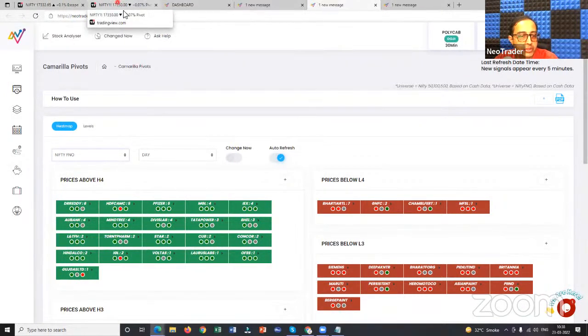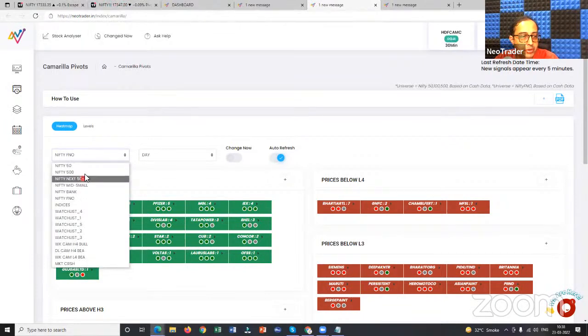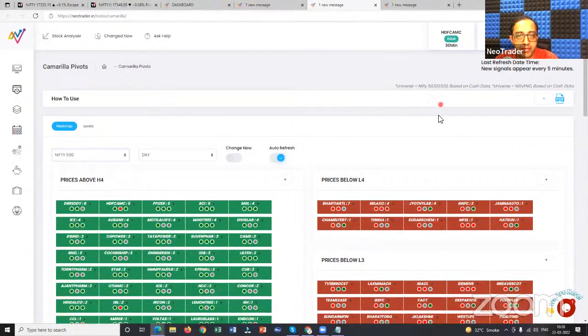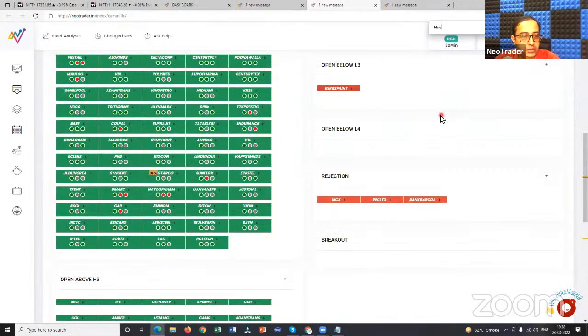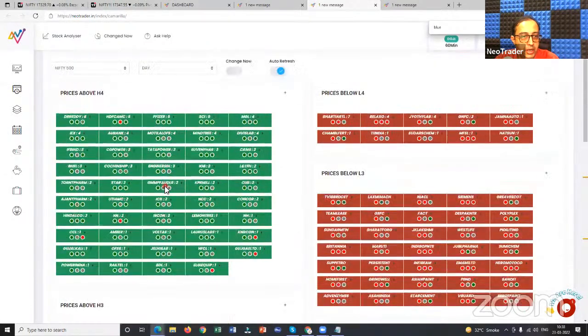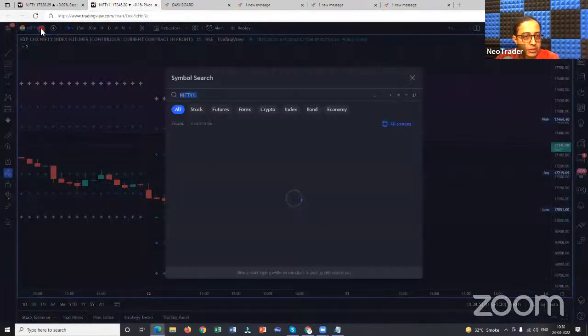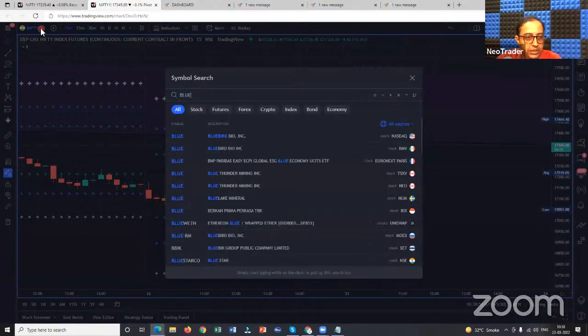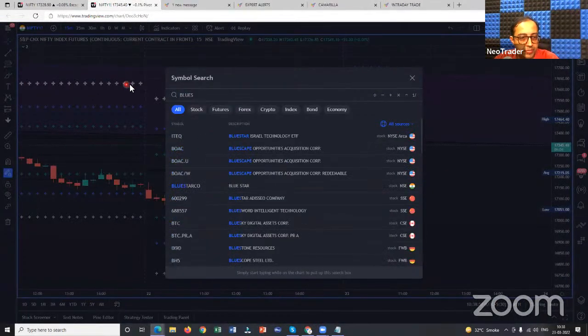Okay, the question on Blue Star. So let me put Nifty 500 here and see if we are able to get it. Okay, Blue Star is here. It's above H3, and there is no particular movement yet. Okay, so let's check out the chart.